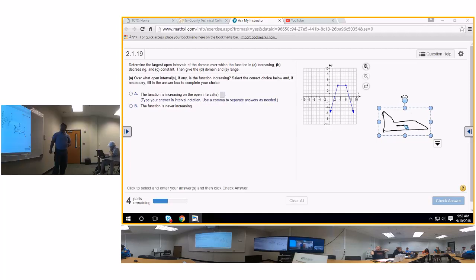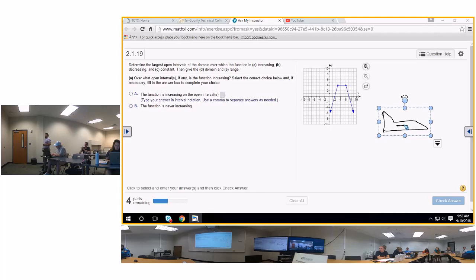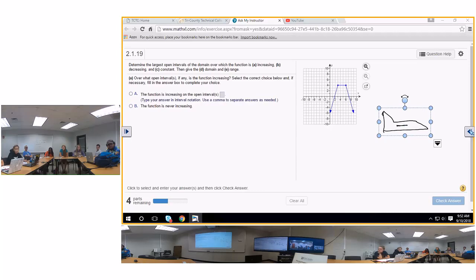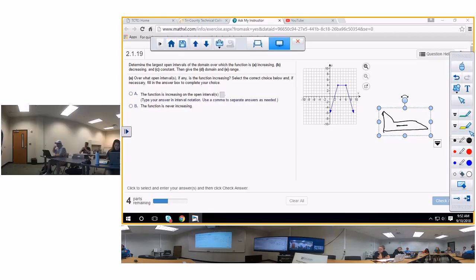Yes. Domain. Well, you got 2 arrowheads. What is 2 arrowheads? All real numbers. What's the range? From negative infinity to what? Infinity. Negative infinity to what on the range? Wait.